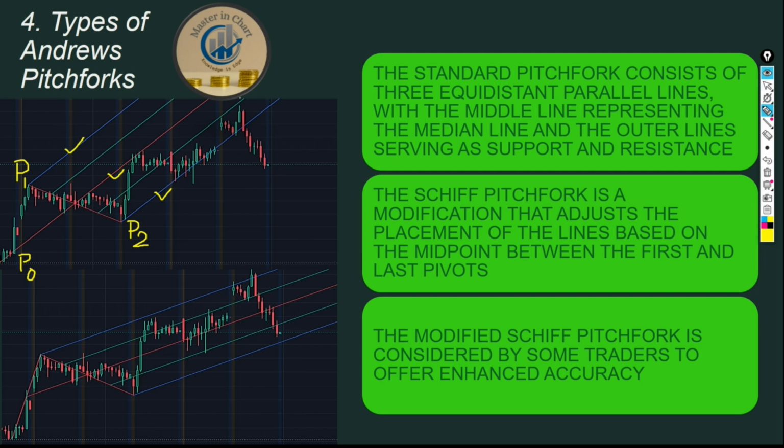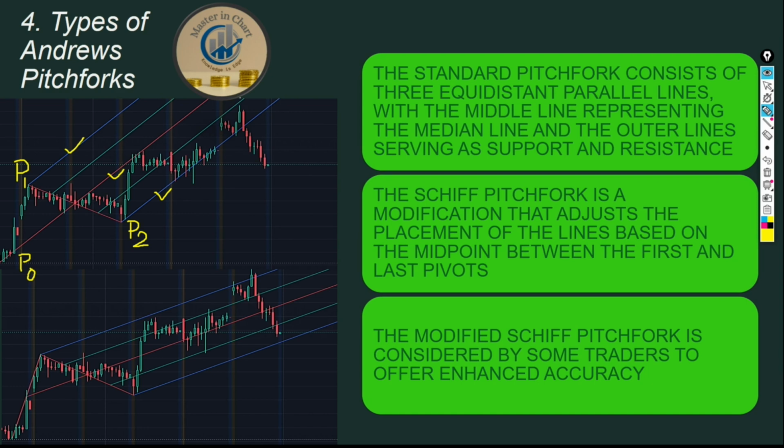For example, this lower line works as a support, and when the price breaks this line, a different trend starts. Earlier it was an upside move. When it breaks the lower line, it becomes a downtrend.